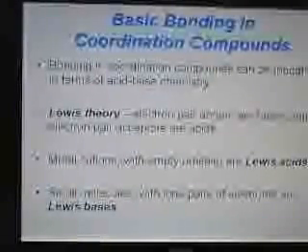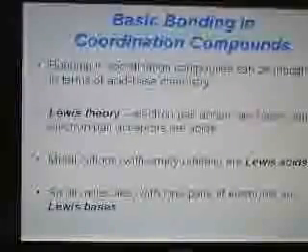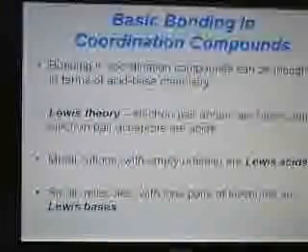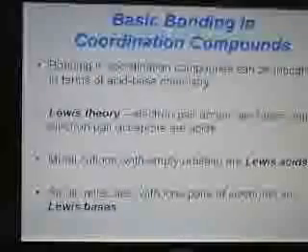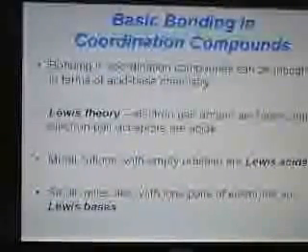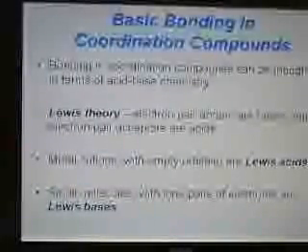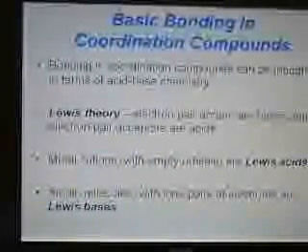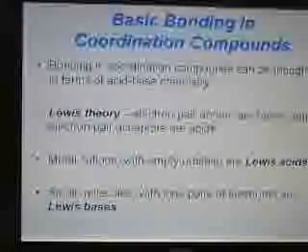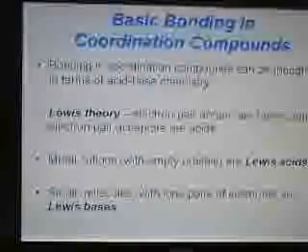Lewis theory is where electron pair acceptors are acids and chemicals that can donate electron pairs are bases. Metal cations with empty orbitals are known as Lewis acids. They can accept electron pairs. And small molecules with lone pairs of electrons are Lewis bases.